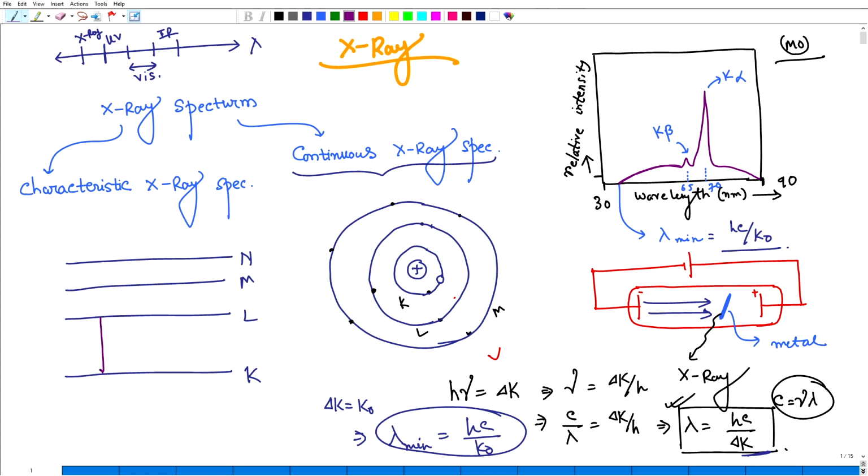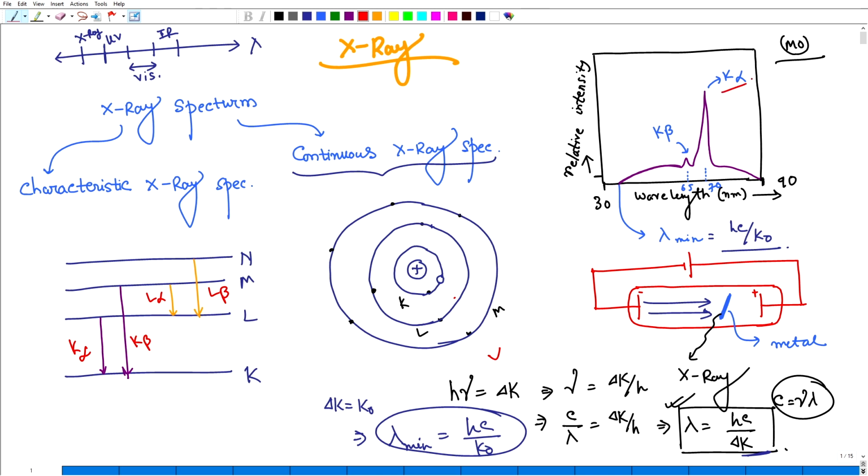So this is 1 and this is 2. And if there is a vacuum in the L orbit, then an electron can come from M and N. So these 4 transitions govern the emission of the X-ray photon. So there will be 4 peaks. The peaks due to these transitions are K alpha, K beta, L alpha, L beta. So these are the 4 characteristic peaks.